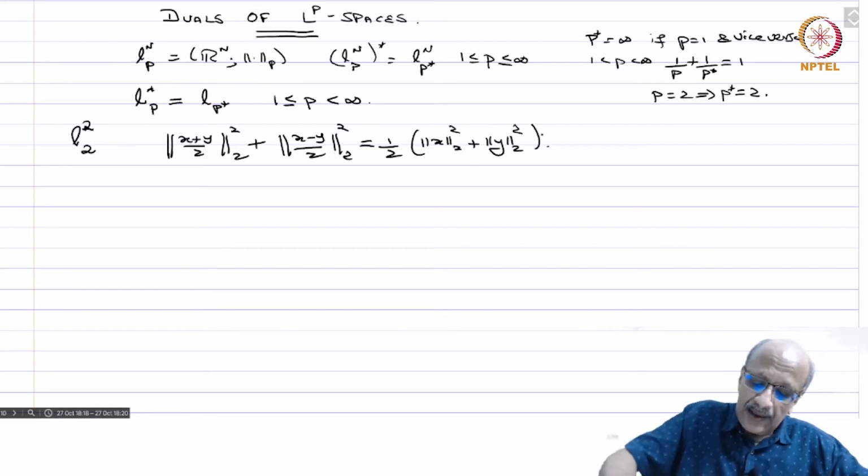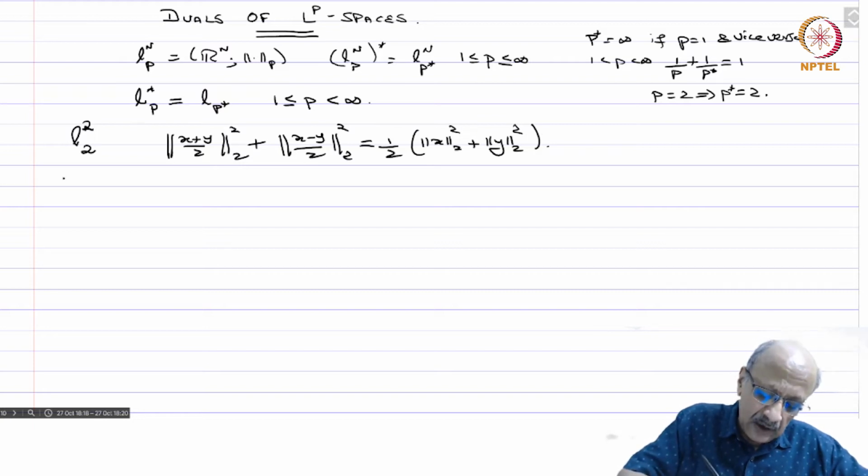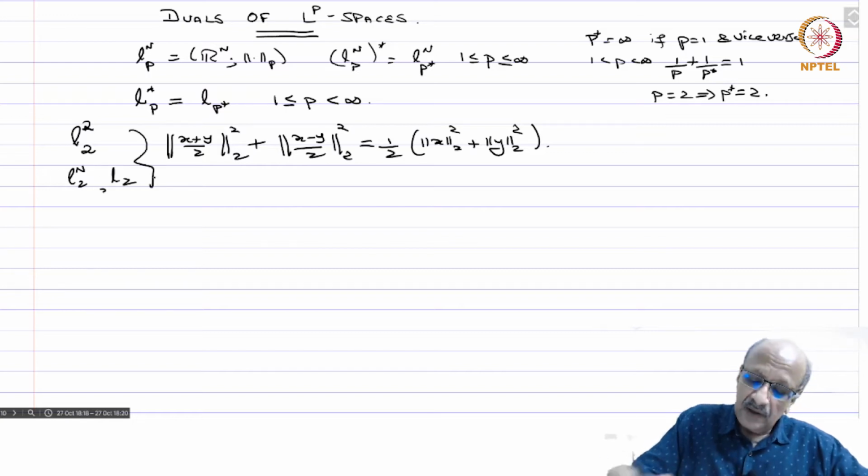So this was the parallelogram law, the Apollonius theorem in plane geometry, which can be generalized also to Ln2, L2, etc. All these spaces have this identity valid.